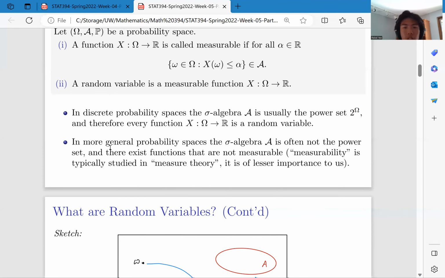But in the continuous case, maybe the sigma algebra is not the power set, so functions may not be measurable. This is more advanced material in measure theory, but in this course, in most cases we can still consider continuous probability to be a random variable. Very theoretically it may not happen in that case.